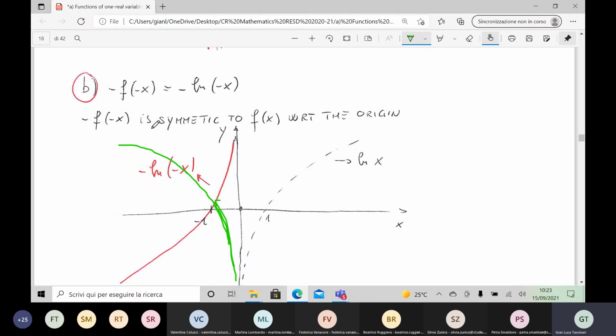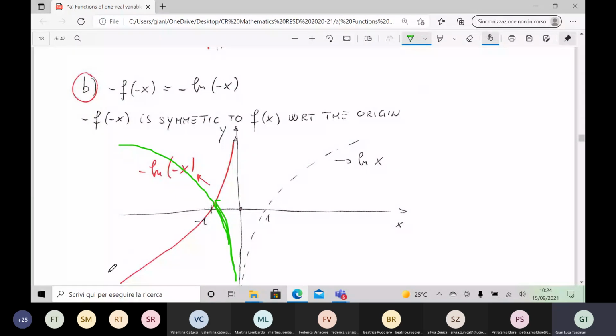And the green is f of minus x, but you want to plot minus f of minus x, which is the relationship between f of minus x, the green one, and minus f of minus x. Minus f of minus x, which is the red one, is the symmetric with respect to the horizontal axis of f of minus x. So take the symmetric of this one. I did it poorly, but it is this one, the one I plotted in red.